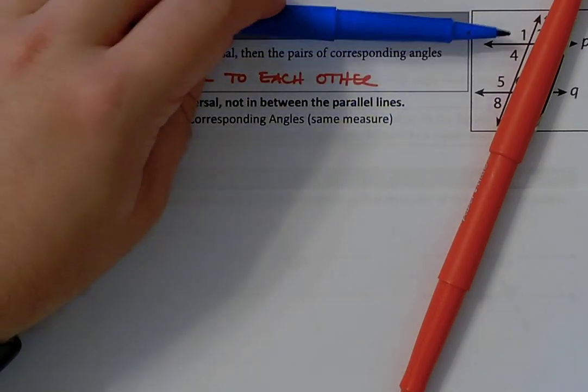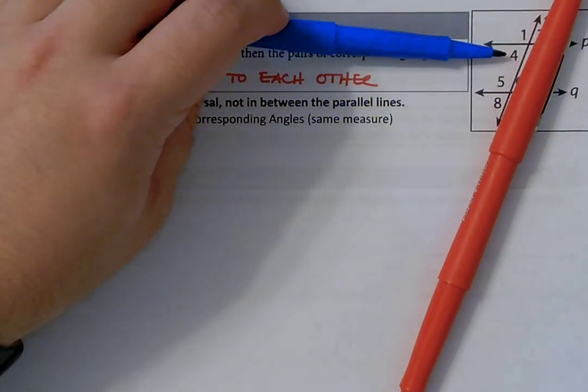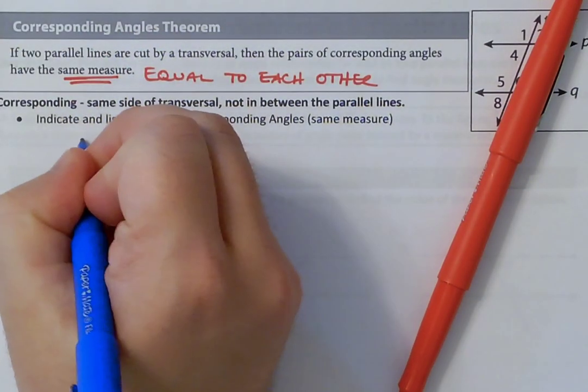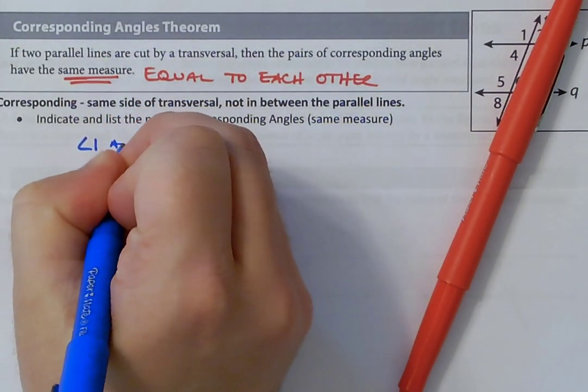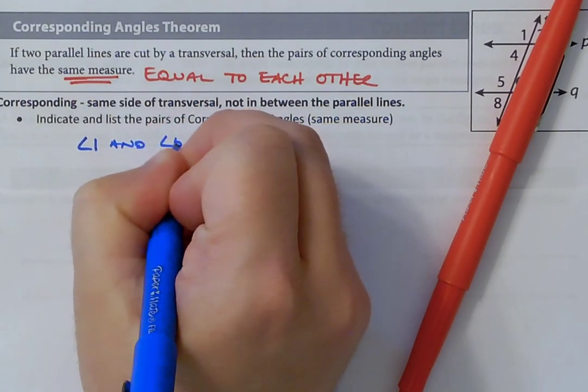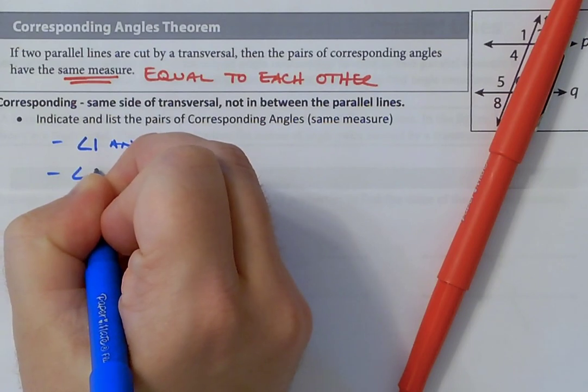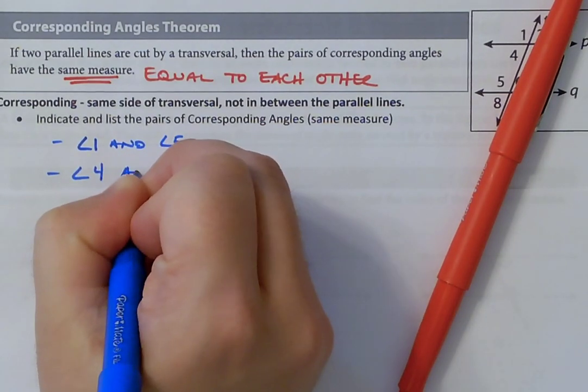So that would be angles 1 and 5, 4 and 8. That's going to be our first 2 sets: angles 1 and 5, and our second set is going to be angles 4 and 8.